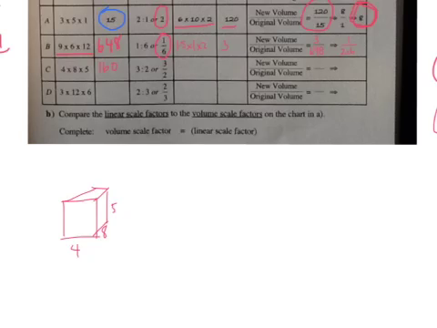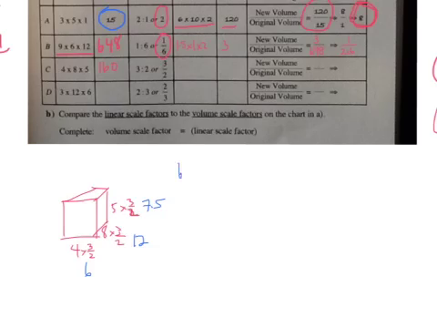And we're going to apply a 3 over 2 scale factor, so each one of these gets multiplied by 3 over 2. You'll end up with a 6 by 12 by 7.5 prism.